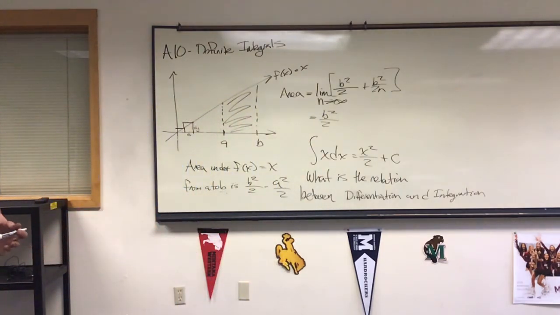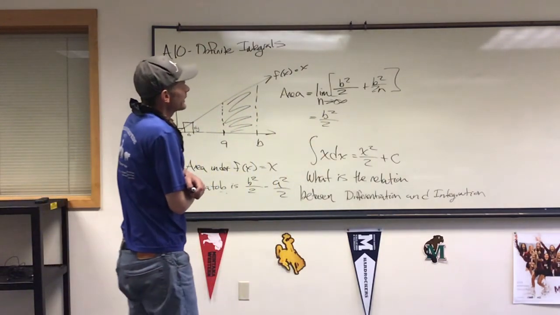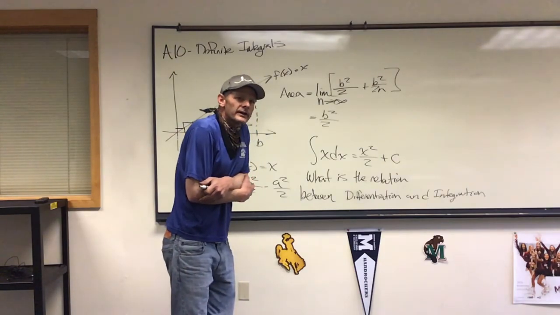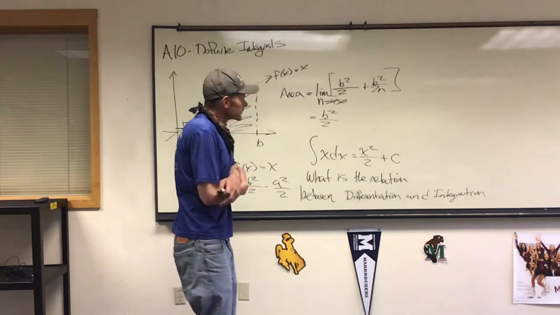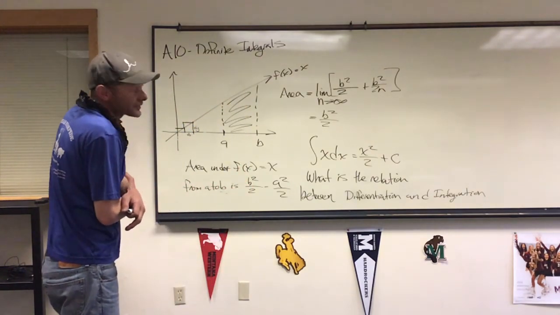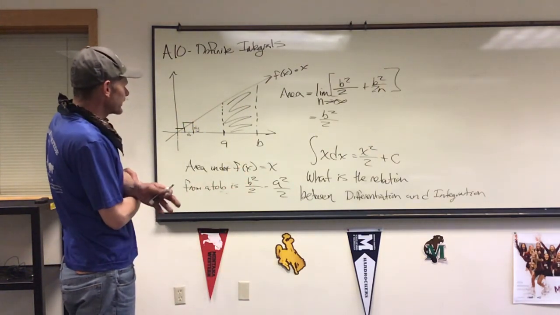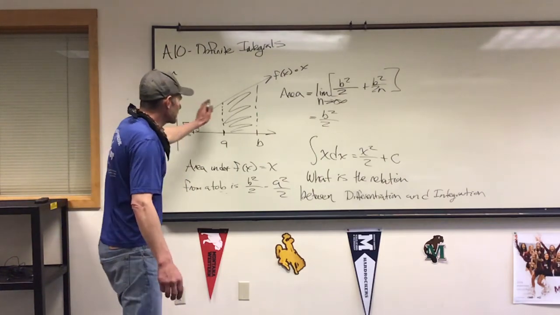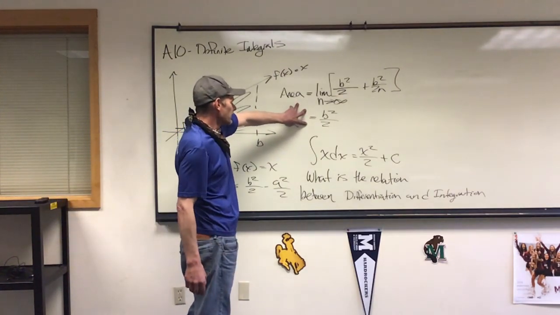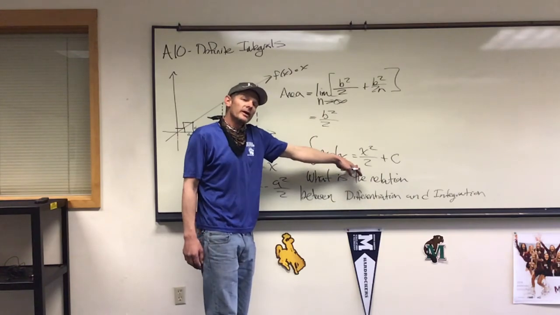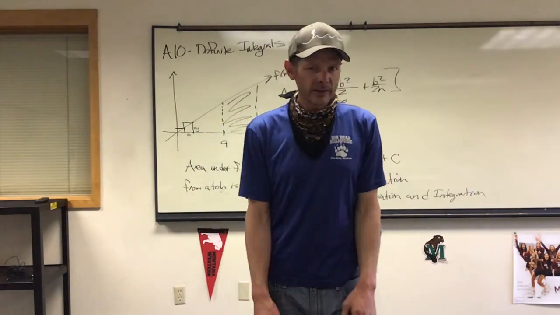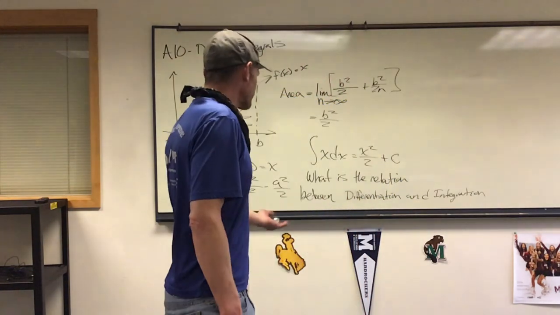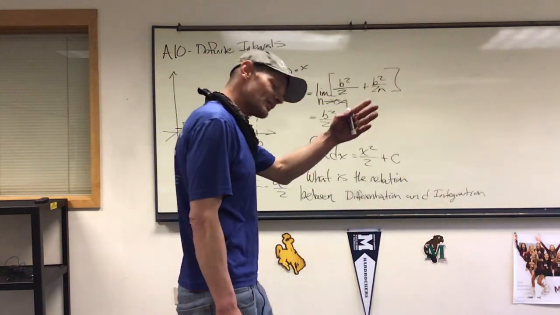Right? And this is where Newton and Leibniz and another fellow that I can't remember the name of start finding these areas under the curves, and they notice that the numbers they're getting are very similar to integrals, right? So our question now is, how are integrals related to area, and how is differentiation related to integration?